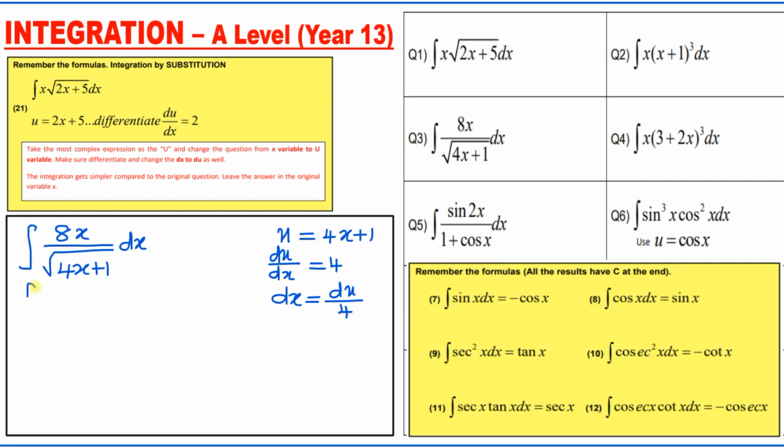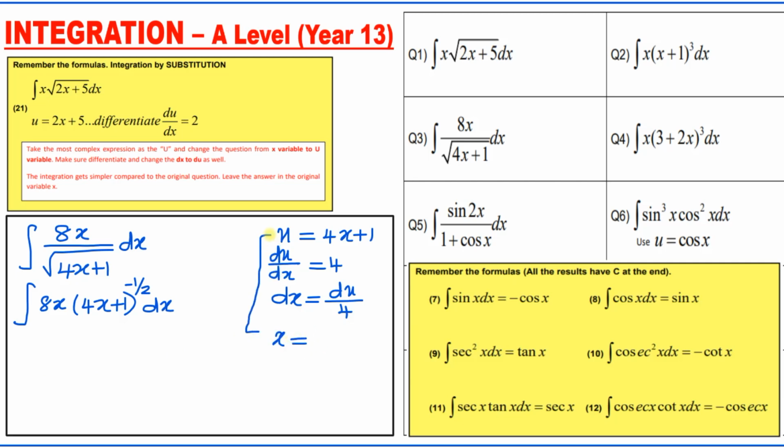And now integrating 8x, right? And now this one can be written as (4x plus 1) to the power minus half dx, and that is what we are currently going to have. So now x you can write from the substitution.